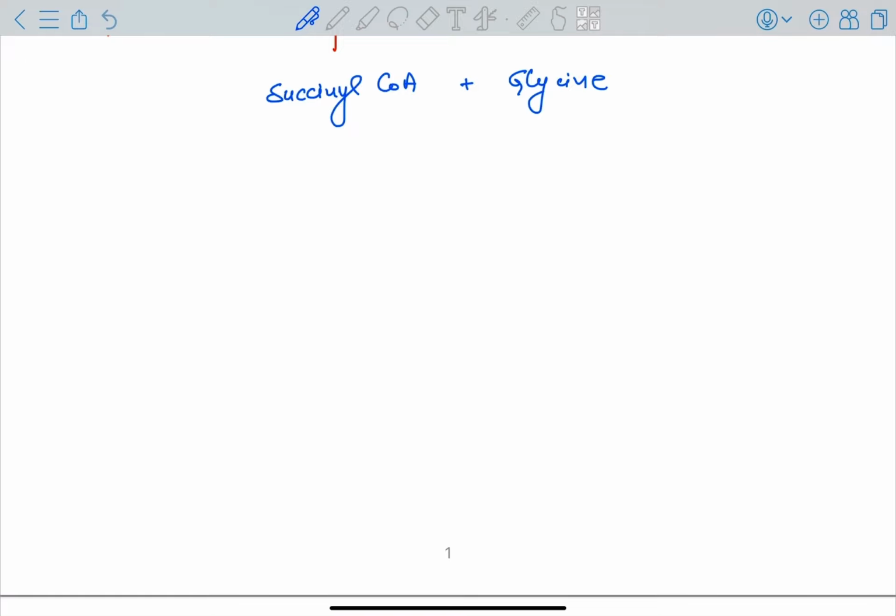Succinyl coenzyme A and glycine together form delta-aminolevulinic acid. This forms porphobilinogen.